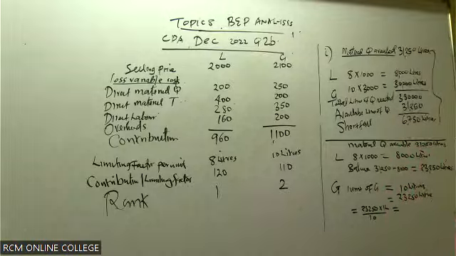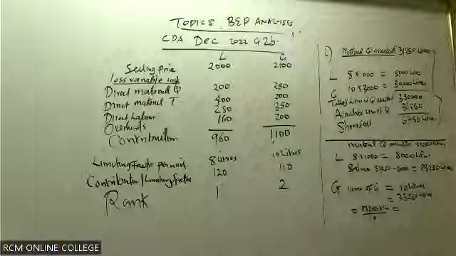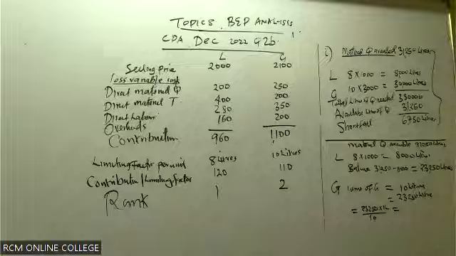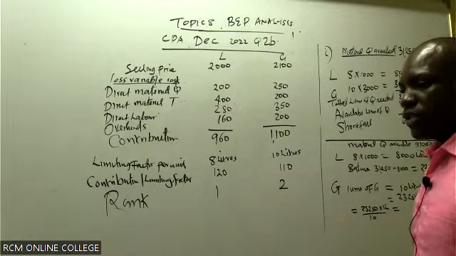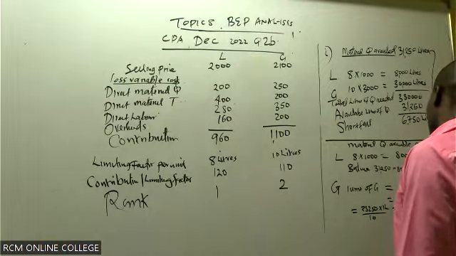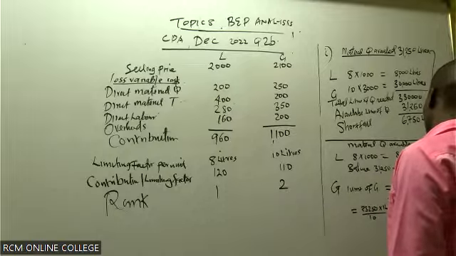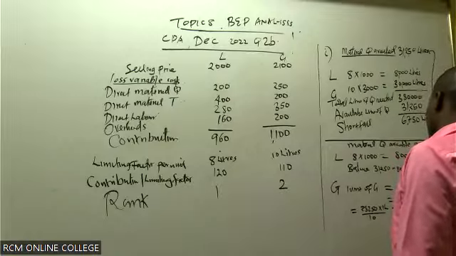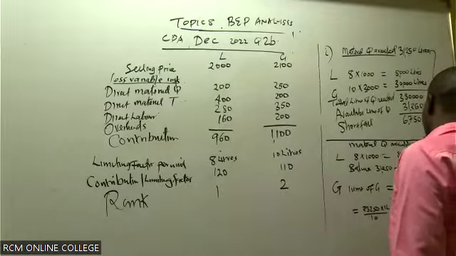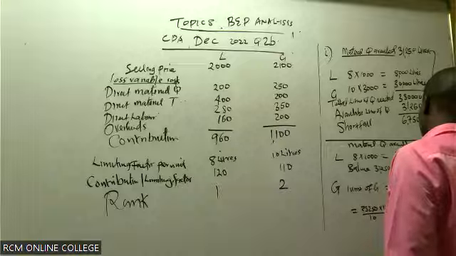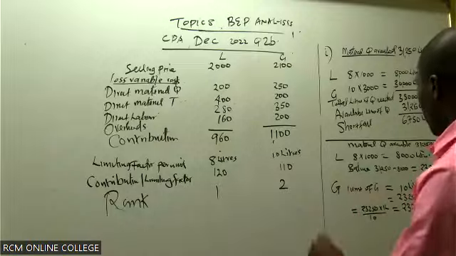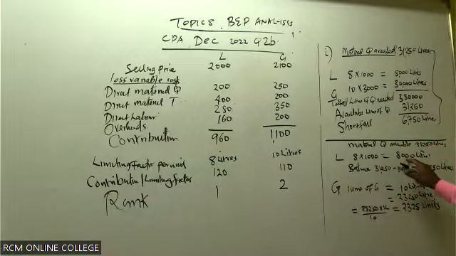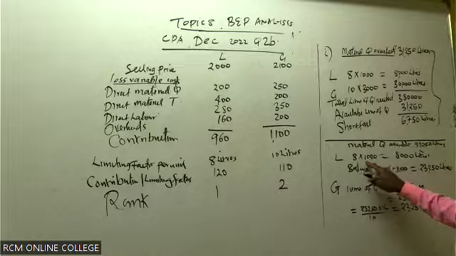How many units of G will they manage to produce? 2,305 units. They will manage to produce 2,305 units of G and produce 1,000 units of L.